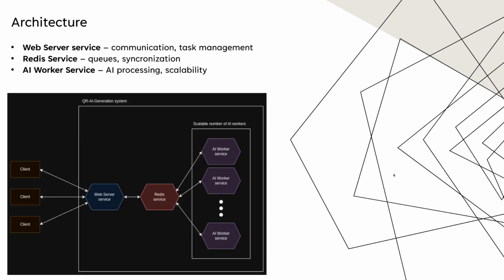Let's go to the architecture. Architecture is made with a thought of maximum scalability. It was developed into three services. First one is the web server service, which is used for user interaction, mostly streaming real-time data over web sockets. Second one is the Redis server, which uses queues for the synchronization between work that needs to be done, sent by the web server and received by AI workers.